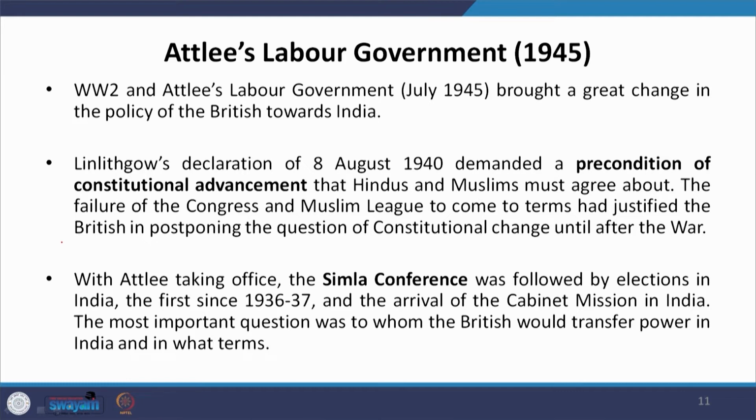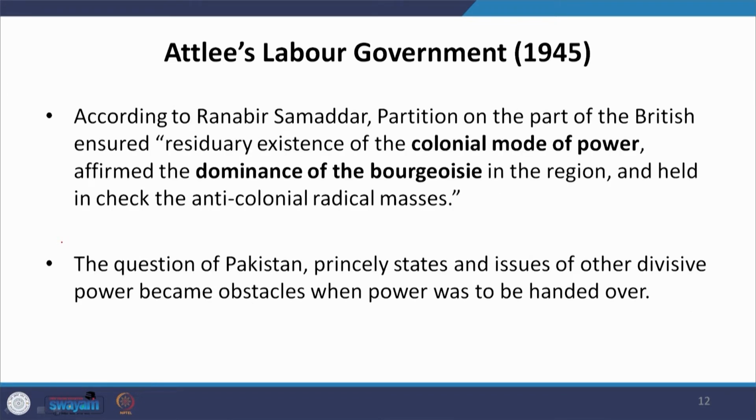The most important question at that time was to whom the British would transfer power in India and on what terms. So, historians such as Ranabir Samaddar note that partition on the part of the British had ensured what he calls, I quote, residuary existence of the colonial mode of power, affirming the dominance of the bourgeois in the region and then checking the force of the anti-colonial radical masses.